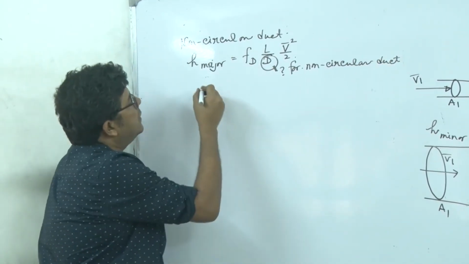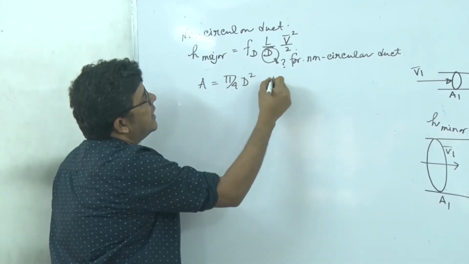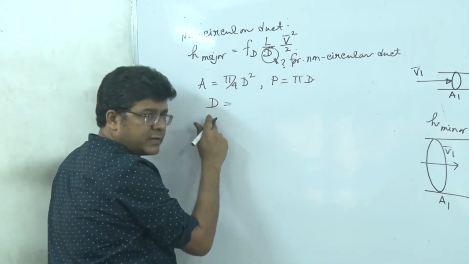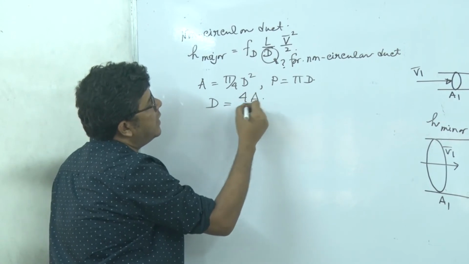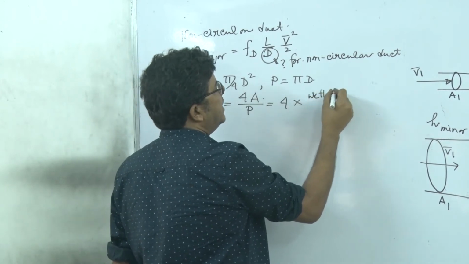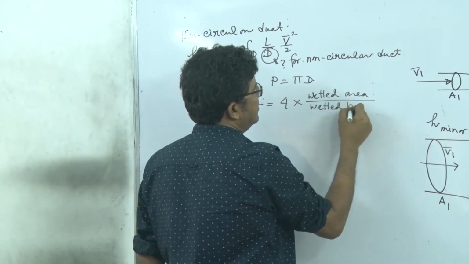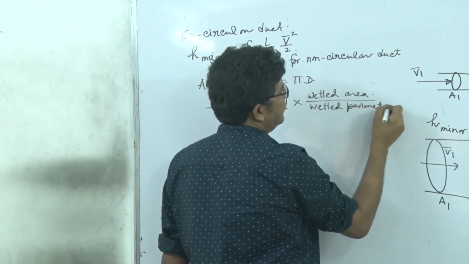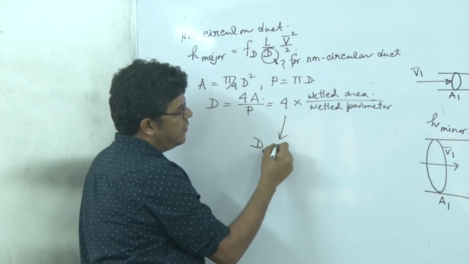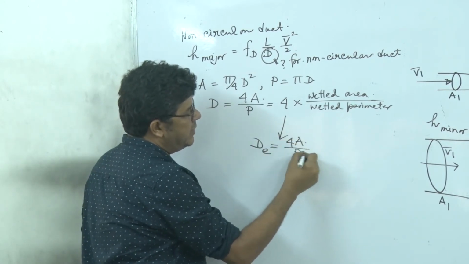The area for a circular duct is pi by 4 D square and its perimeter is pi D. So we can express D for a circular duct as 4 into A divided by P, which is alternatively 4 into weighted area by weighted perimeter. So we will simply extend this equation, and for a non-circular duct DE will be 4 into weighted area by weighted perimeter.